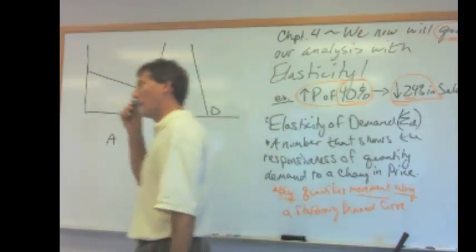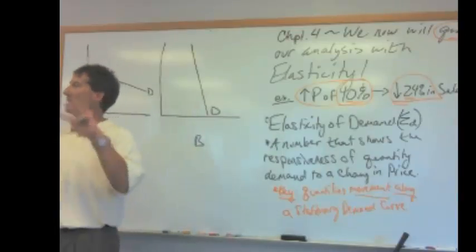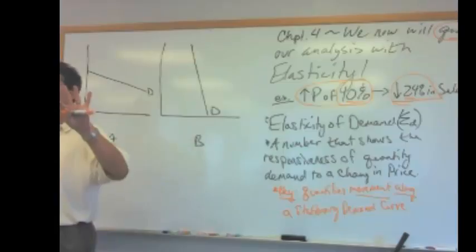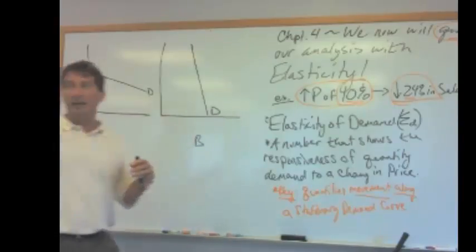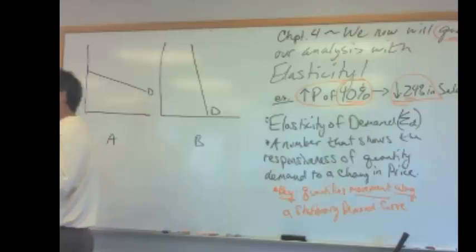Okay, so one way to think about this is, what are we responding to? What I talked a little bit about before. What's the independent variable? What's the dependent variable? What's the independent variable? Price or quantity demanded? Price. Independent is price, right? That's the driving factor. Now we had other variables that were important, don't forget, because we're going to come back to those later. Income, price of related goods, all the things that shifted the curve, those are important variables too.